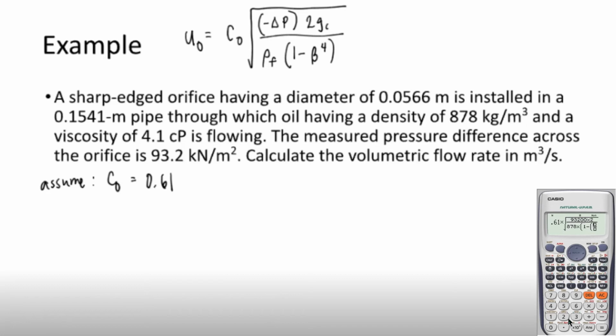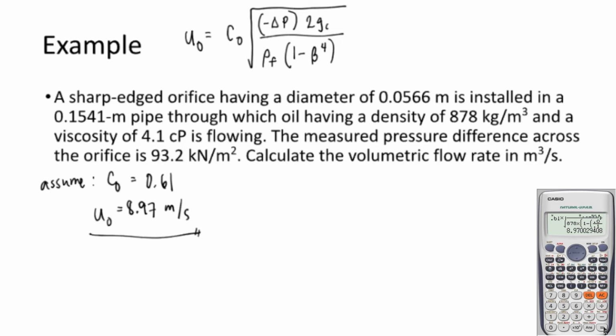Our beta is 0.0566 divided by 0.1541, and this quantity is raised to the fourth power. The velocity at the orifice, as we have solved, is 8.97 meters per second. We can use meters per second because we are using all standard SI units.